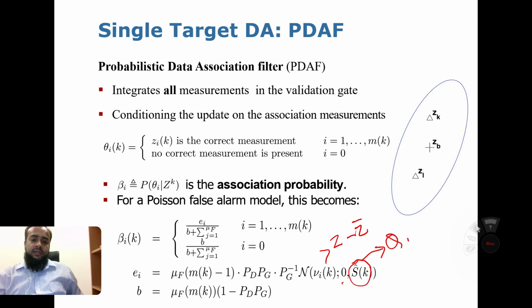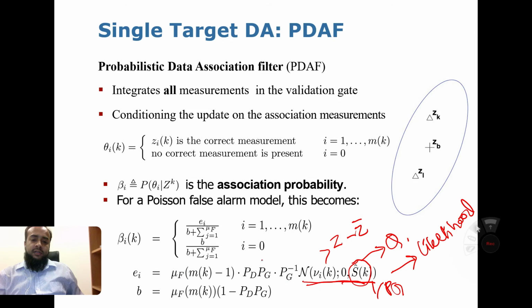And when we divide it by 1 over P_G, this is actually the likelihood of the measurement. So the data association probability of the ith measurement is equal to the clutter measurement density, the Poisson distribution, times P_D P_G times the likelihood.